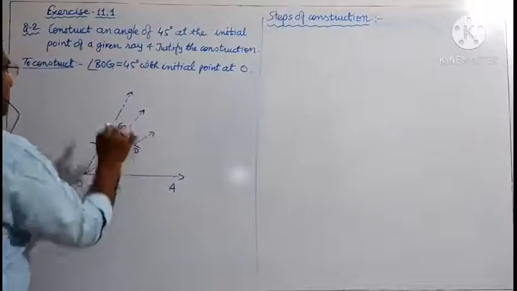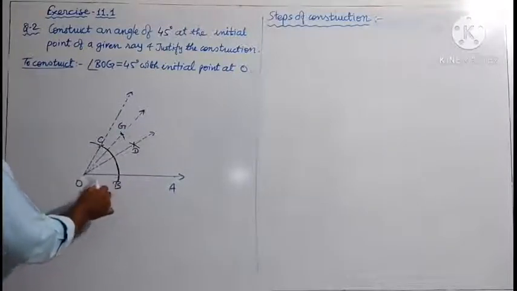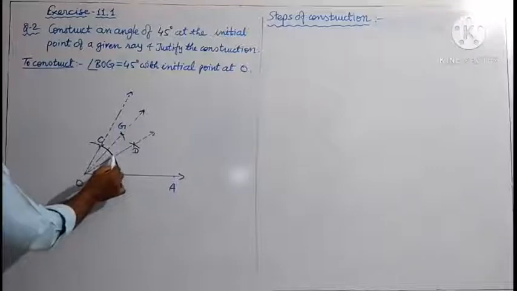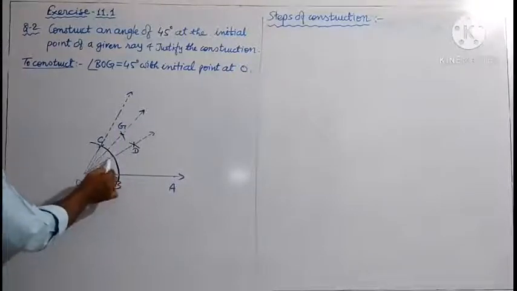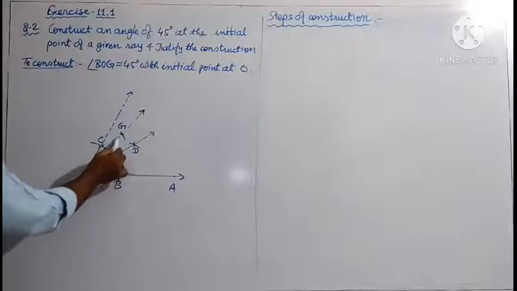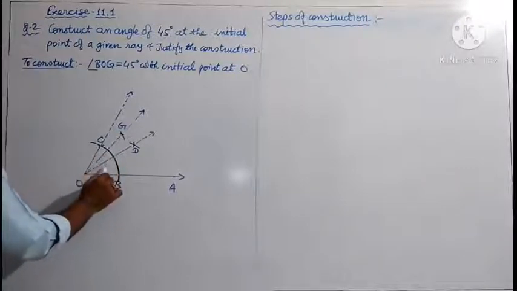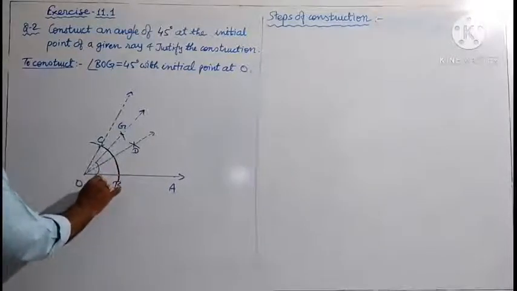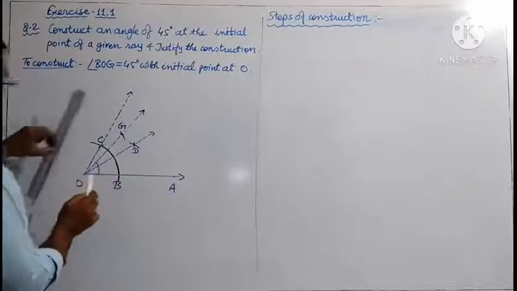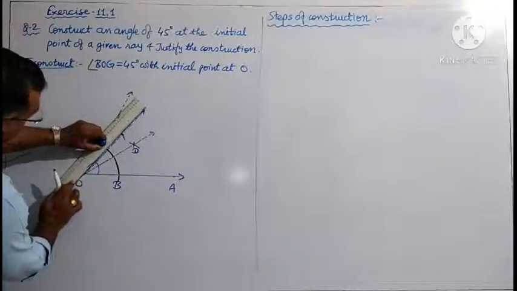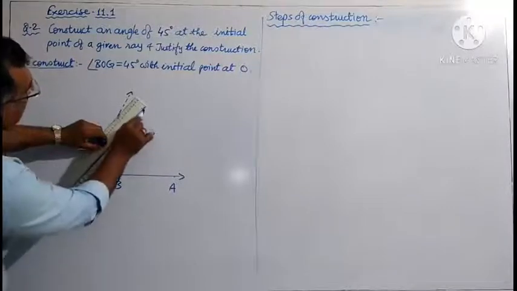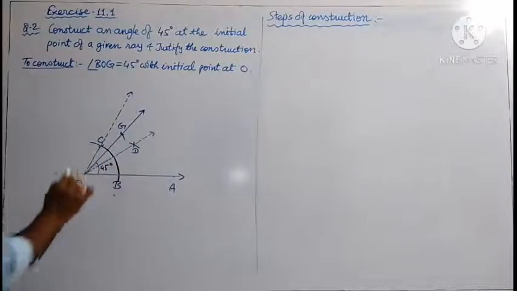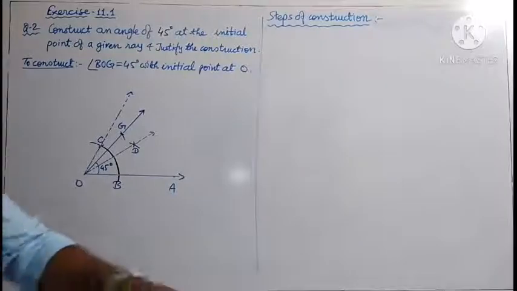So now we get the angle BOG. This angle BOG is equal to 45, because BOD and DOC are 60. As it is a bisector, this measures 30 degree and this measures 30 degree. So total is now 45 degree. So here we can draw the line instead of dotted line. Now this is 45 degree. So let us write the steps of construction.